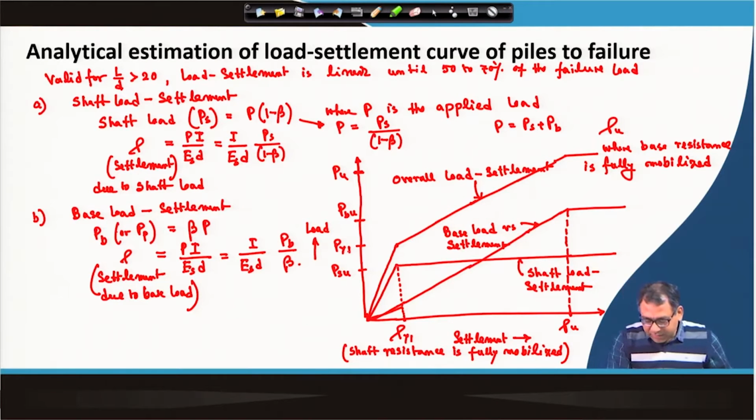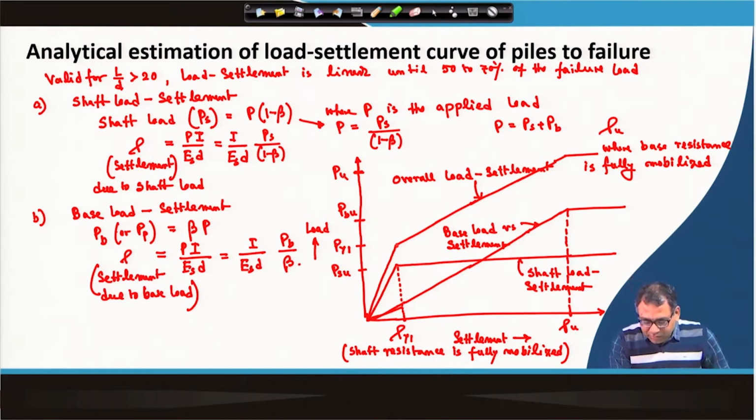So, now I am giving one explanation of what these P values are. P s u, you can see, is the ultimate shaft resistance, then P b u is the ultimate base resistance and P u is the ultimate shaft resistance plus ultimate base resistance, that means the ultimate load of the pile.